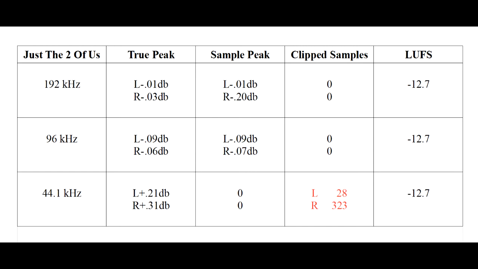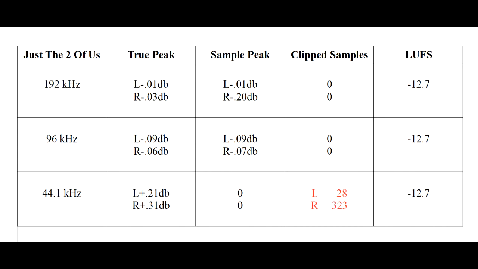We've got to cut it in half and then change it to a different equation to get to 44.1, and we've got now in the left channel the intersample true peak is plus 0.21 decibels, and in the right channel plus 0.31 decibels, which results, because remember those are pretty close to 0, virtually 0. We look over at the clip samples, and now we've got a problem.